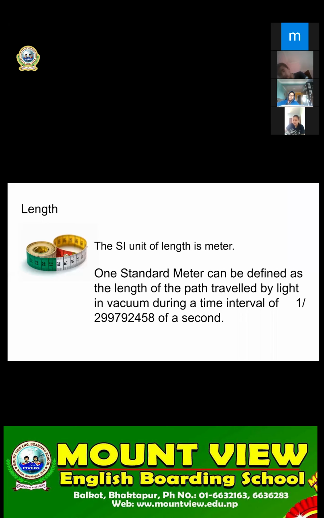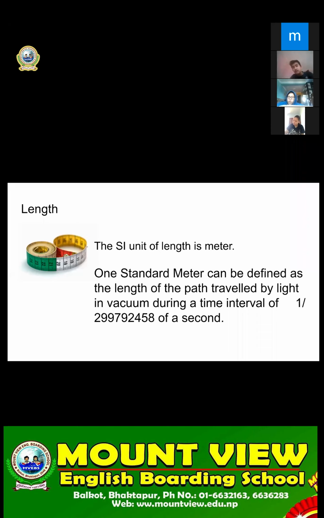What is meant by 1 meter? It can be defined as the length of the path traveled by light in vacuum during a time interval of 1 upon 29,97,92,458 of a second.